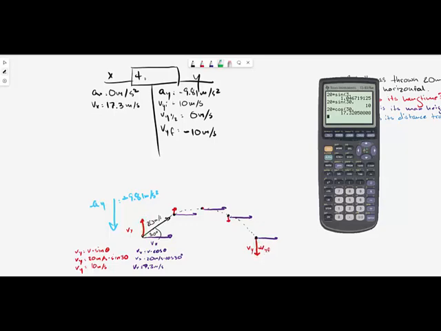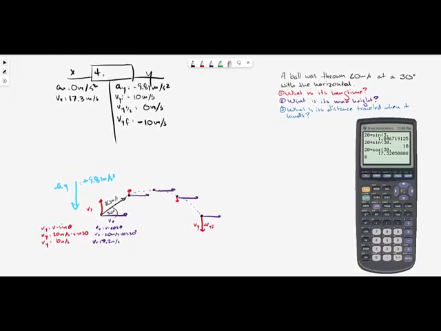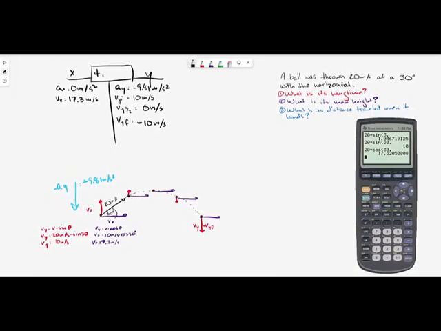Great, so we have a ton of information already, and all we did was break up the initial vector into its x and y components. Now, the first question is looking for us to find the time. What is the hang time? And to find the hang time, you can approach this one of two ways.